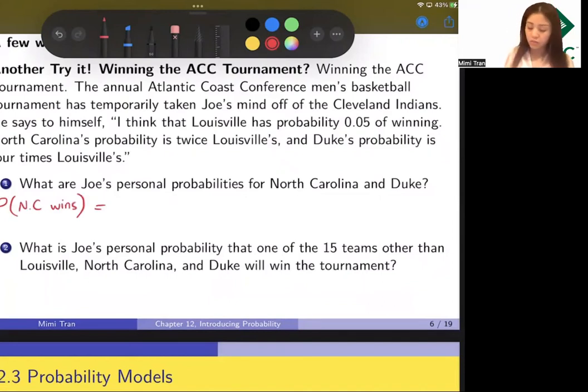So that means 0.05 times 2, so double, so it's equal to 0.1.